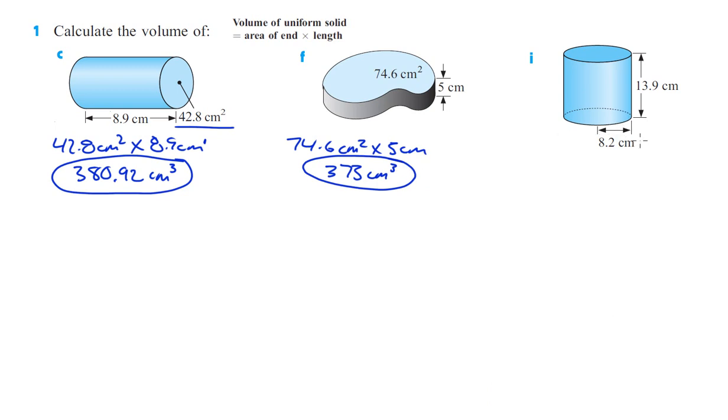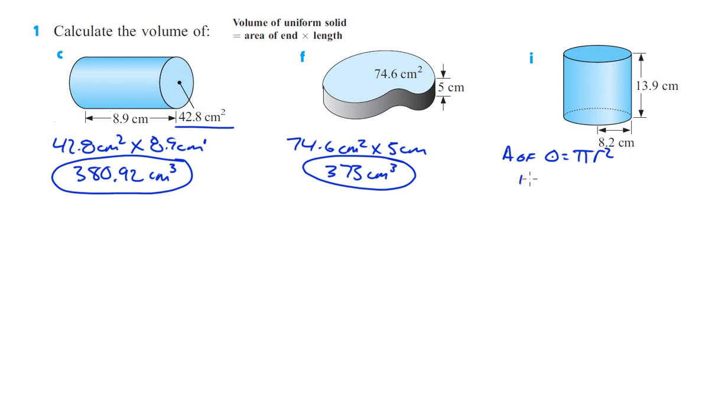This one here, they don't give us the area of the base or the end, but they do give us the radius, and we know that the area of a circle is pi r squared.